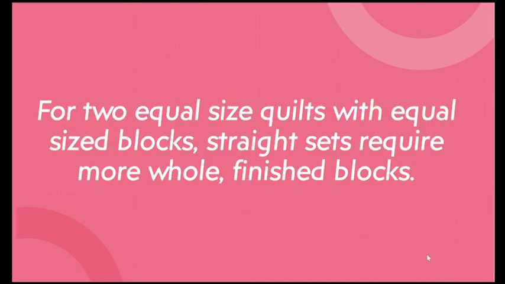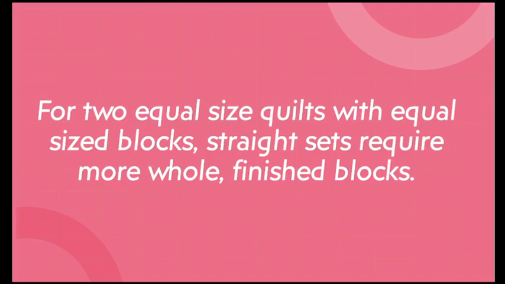Just as a note, if you were going to make an on-point quilt and a straight set quilt, straight set quilts are going to require more blocks than an on-point quilt.